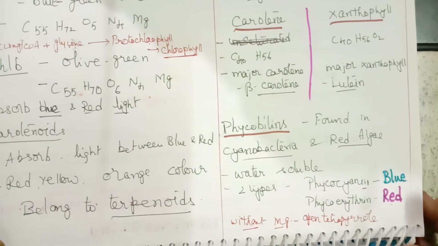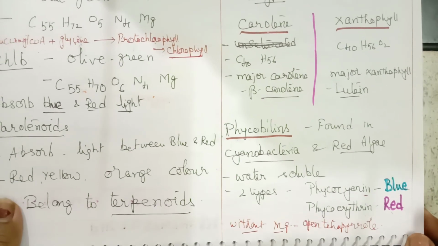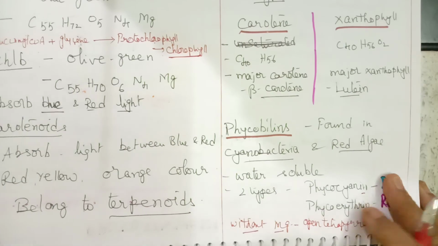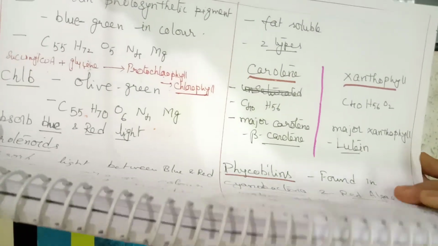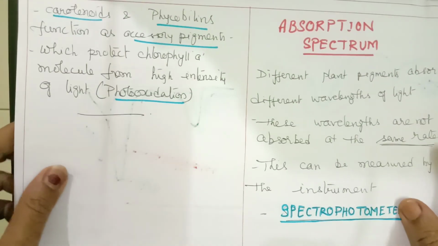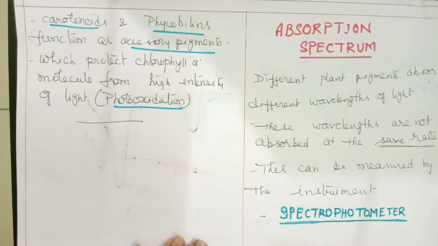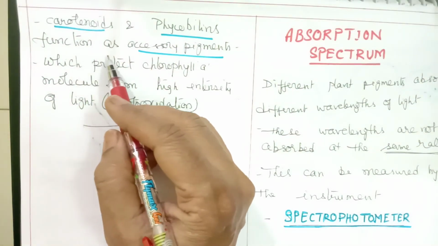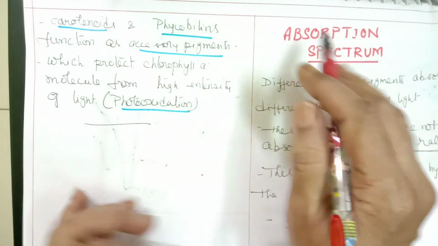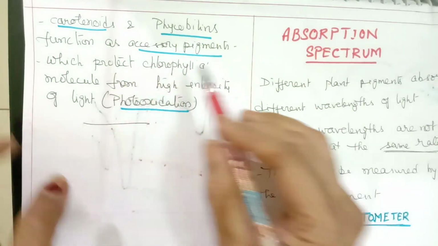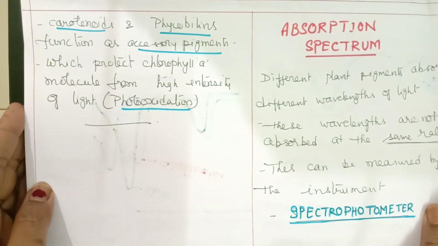Now, what is the importance of these pigments, carotenoids and phycobilins? These carotenoids and phycobilins are called accessory pigments.